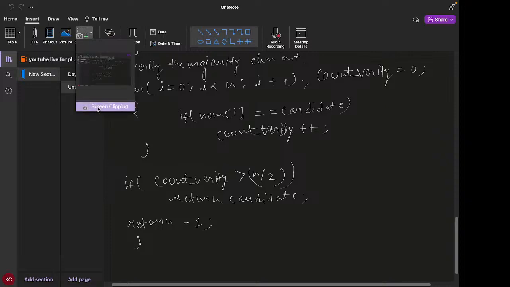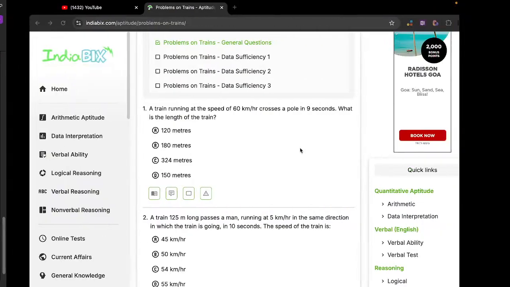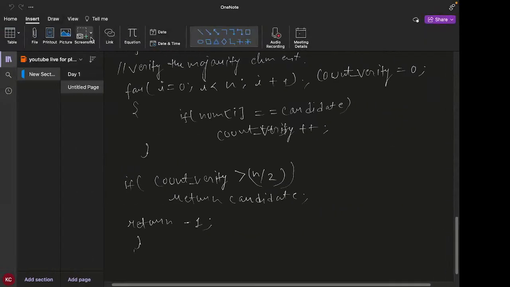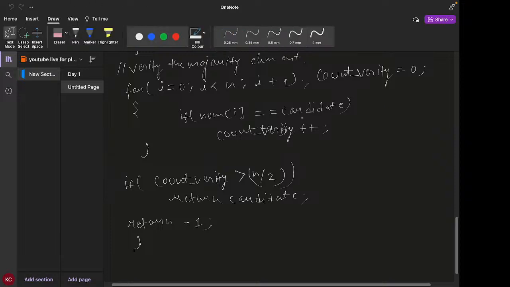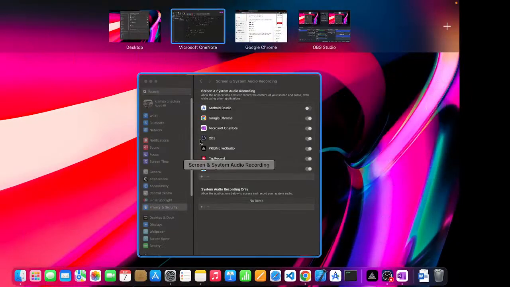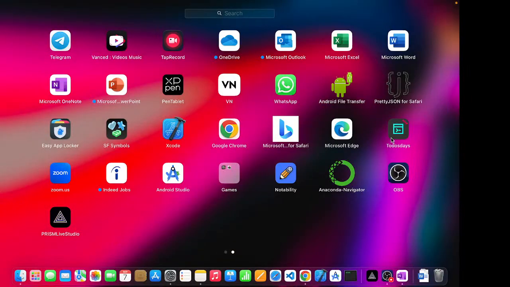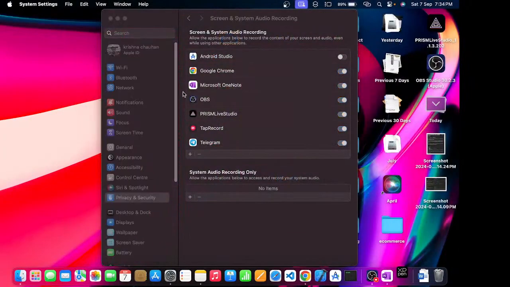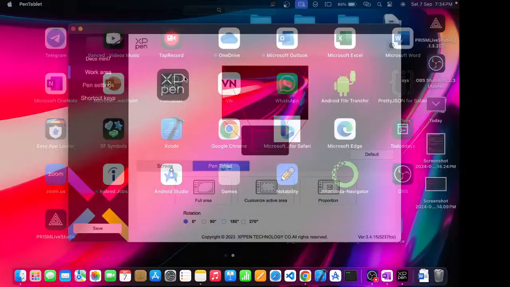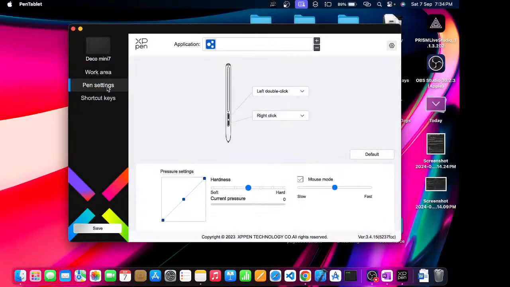Screen clipping. I don't have to click here. Is there any shortcut here? Yes. Insert. I have to set my tab for this. An area.